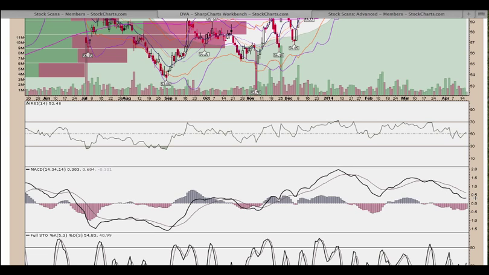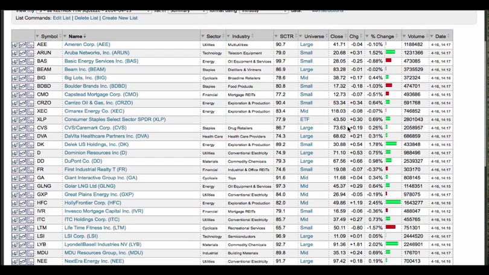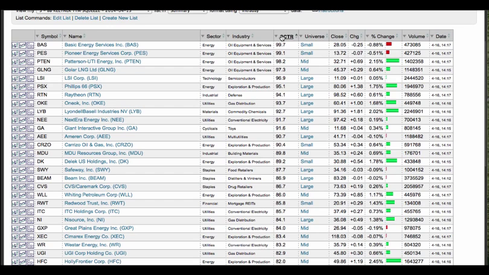Next, we filter by SCTR by just clicking on this tab. That way we can rank these to see which stocks are performing the best. SCTR stands for StockCharts Technical Rank, and it's ranked from 0 to 100, with 100 being the most highly desirable candidate in our criteria.